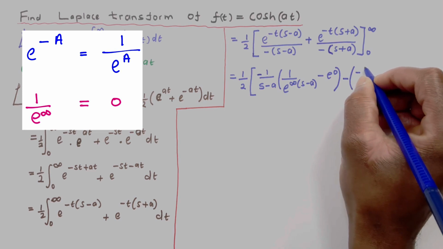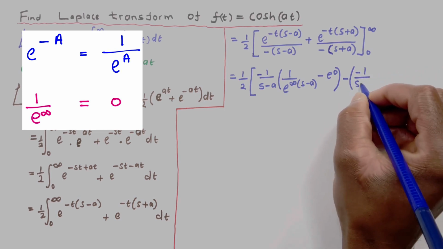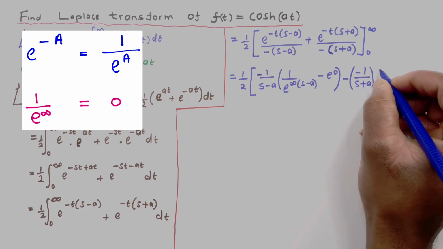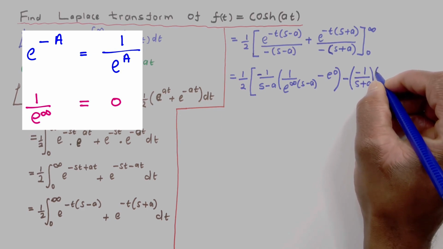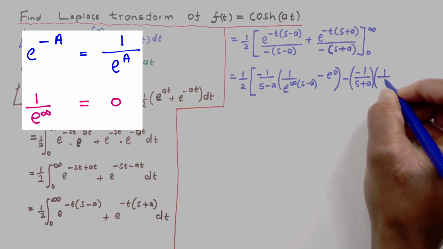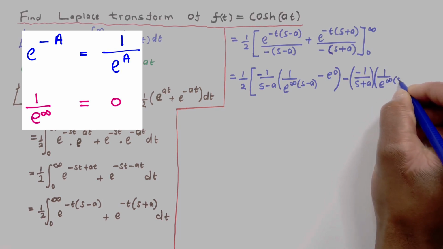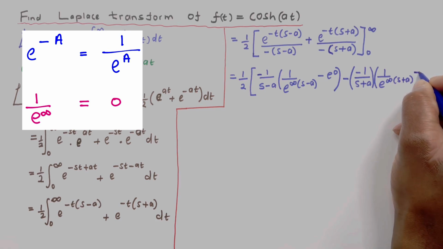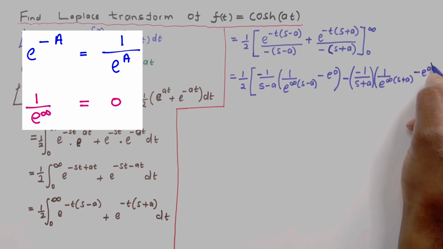Again, minus, that should be plus, we'll put it later, minus s plus a, open bracket, that would be 1 over e to the power infinity, open bracket s plus a, minus e to the power 0.